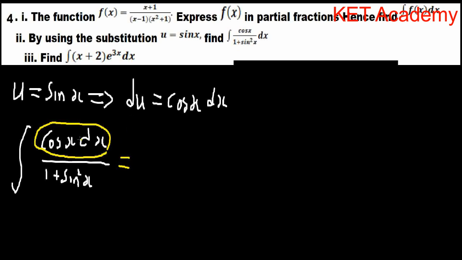Anywhere we see cos x dx, we are going to replace it with du, so this will be the same as the integral of du divided by 1 plus, now here we said u was sine x, therefore u squared will simply be sine squared x.